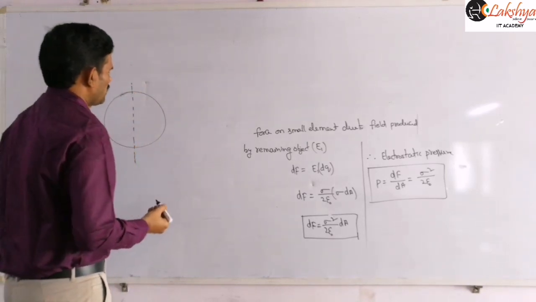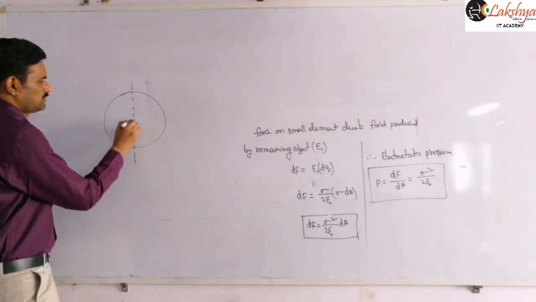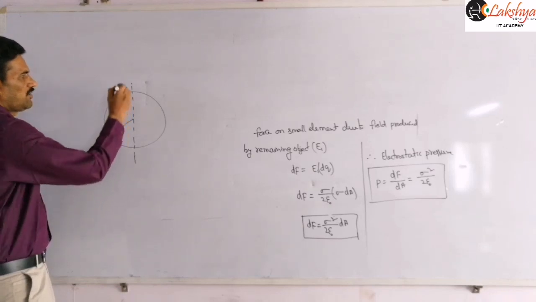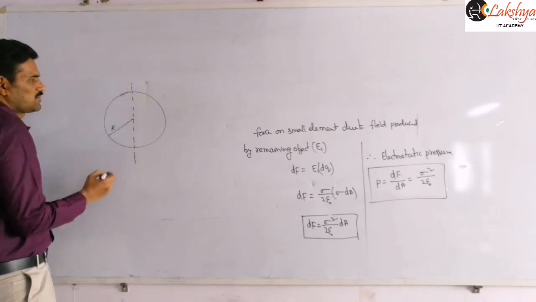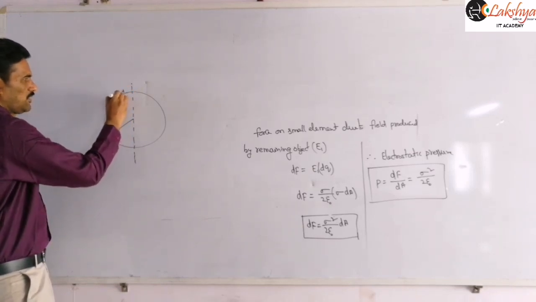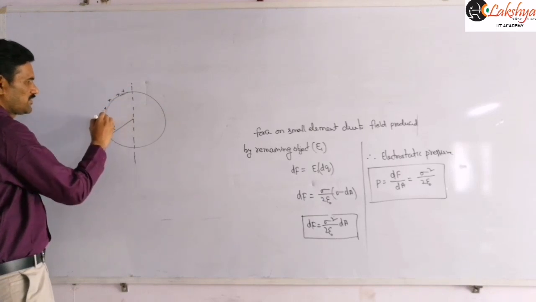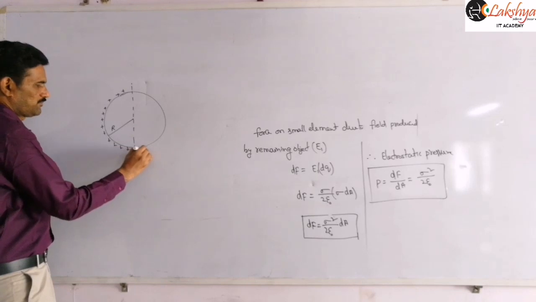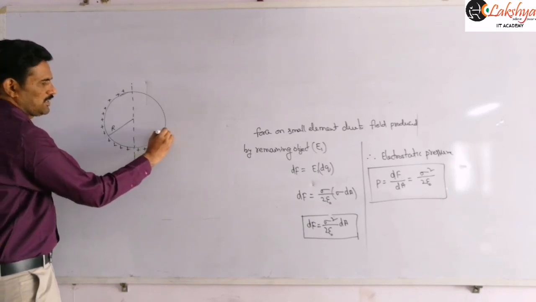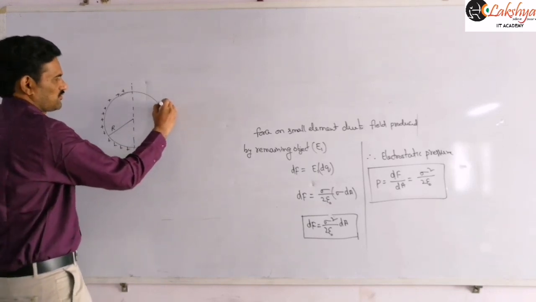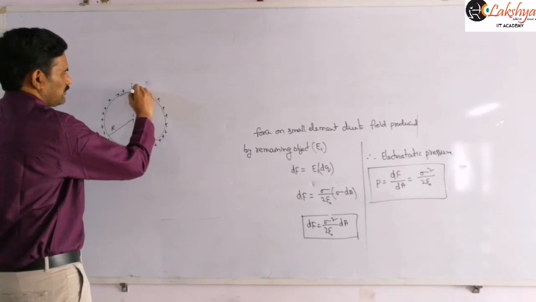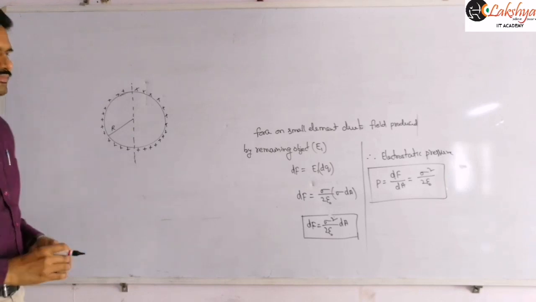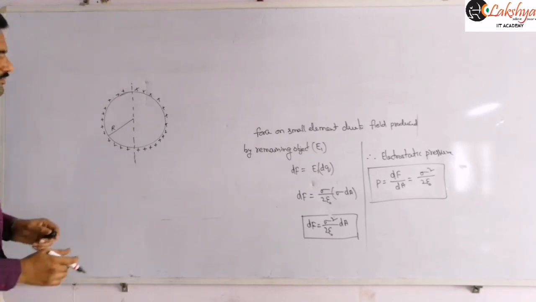A spherical shell of radius r having surface charge density sigma is divided into two halves. That means two equal parts.